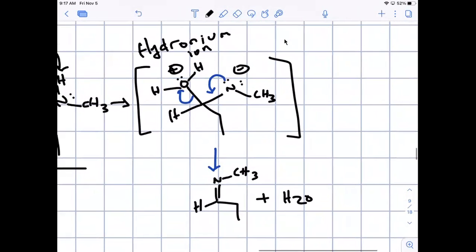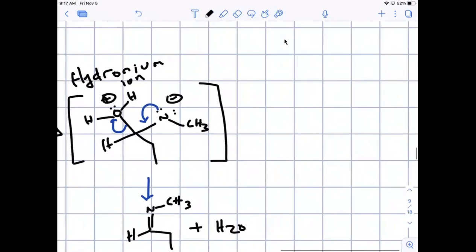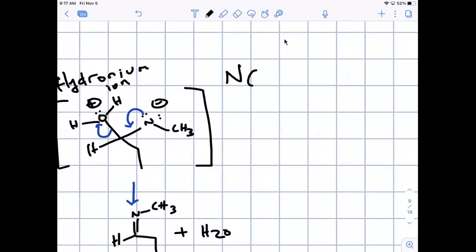Right? What do we call that when a neighboring atom can supply electrons like that to force out a leaving group? It's one of the last things we talked about on Wednesday. Neighboring group participation. We talked about that Wednesday, right before we left, when we were doing the acetal, the hemiacetal.